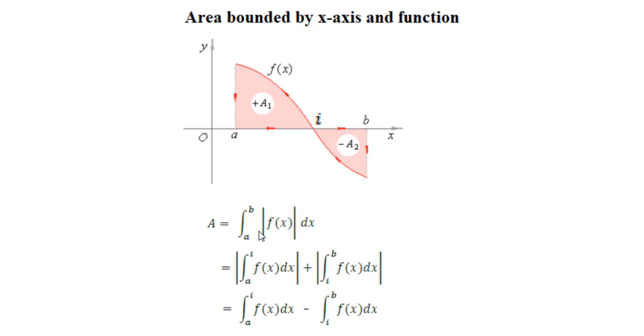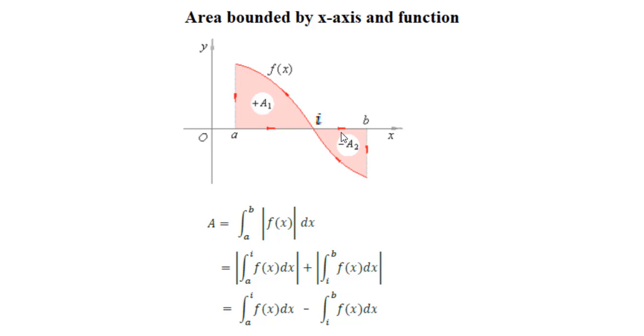The formula will be this. Either you put the absolute value on the function, then integrate from A to B, or you will find the x-intercepts, then do this separately. Because as you know, when the function is above the x-axis, you will get a positive value for the definite integral.